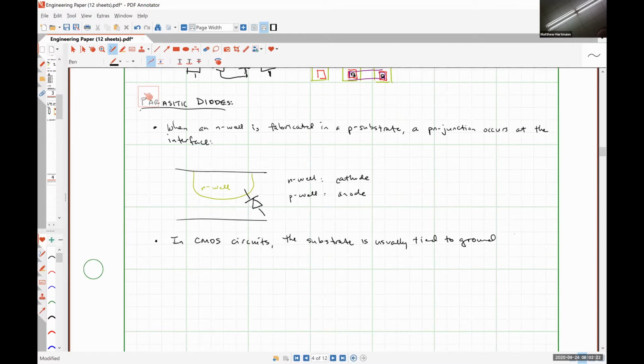Which helps to keep the parasitic diode in the reverse bias region.